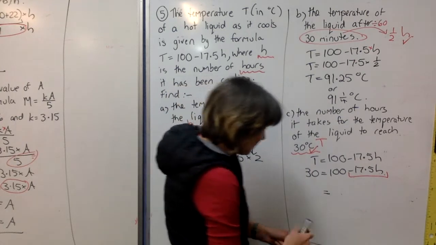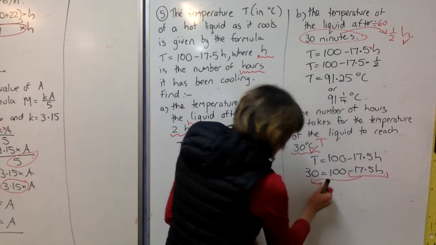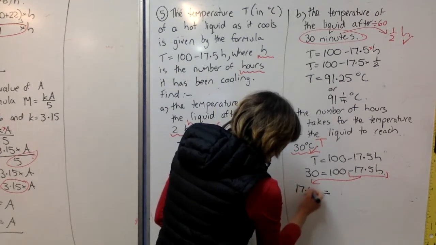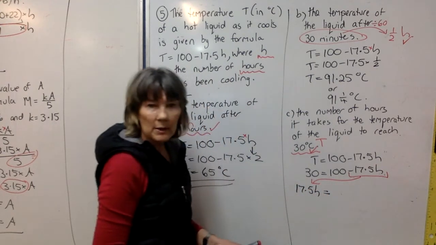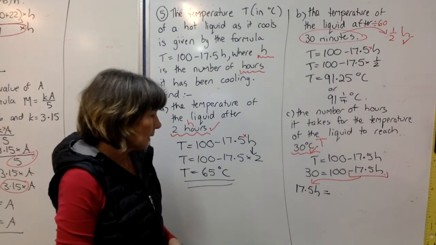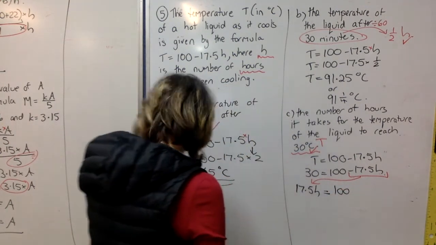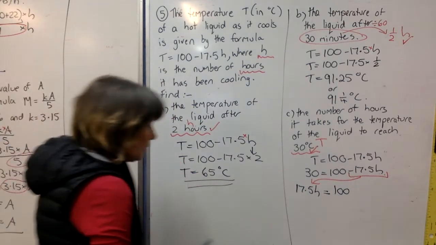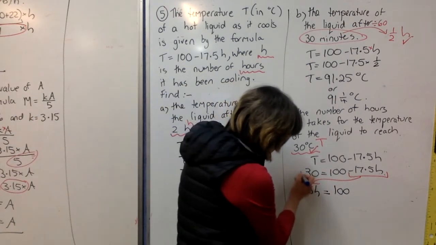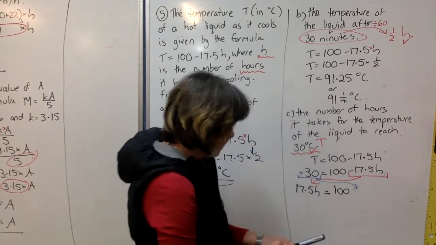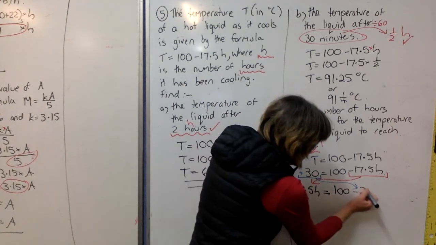All right, so I'm going to move it all the way over here now and make it a positive 17.5H. That's become a positive now. So the 100 is staying there, and we're going to have the 30 come across and join it. So this plus 30 is now moving over here to join the other number, and we've got minus 30 there.